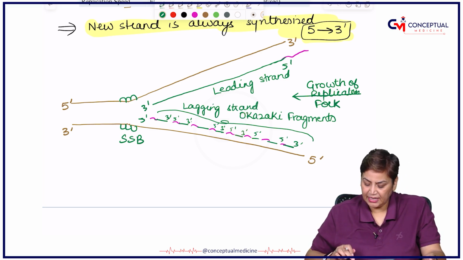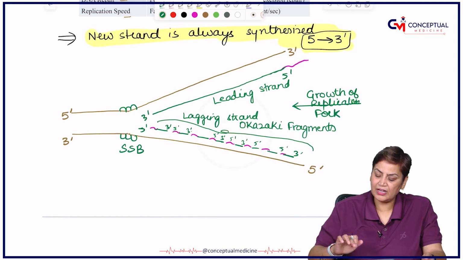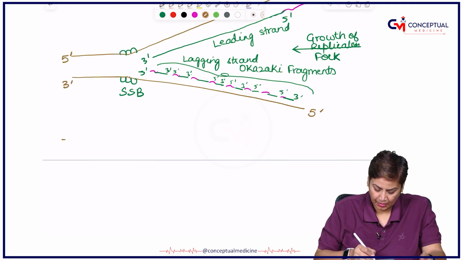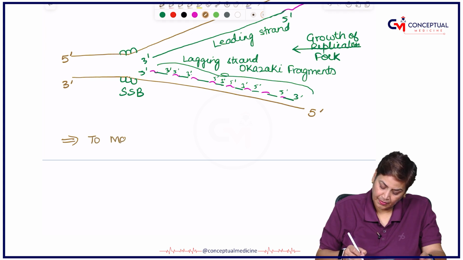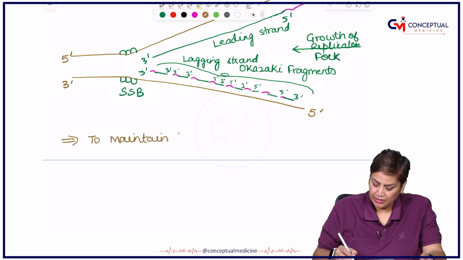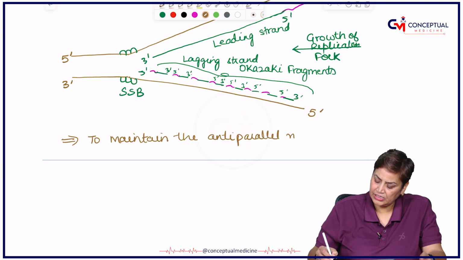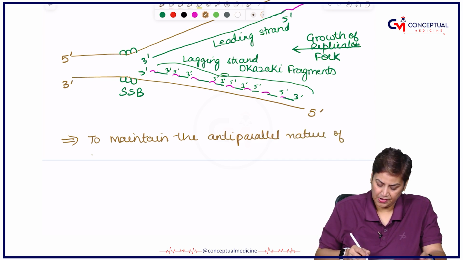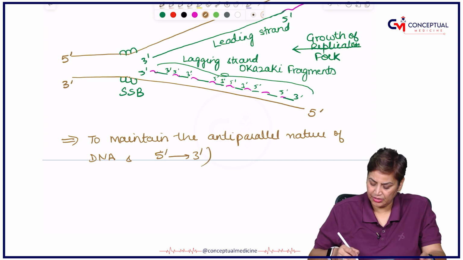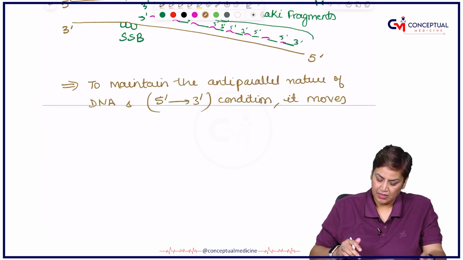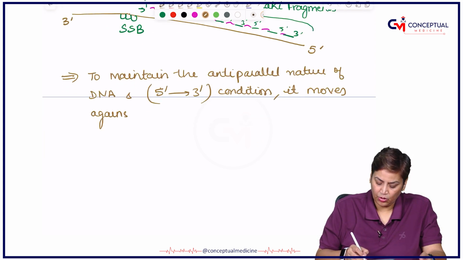right? So basically what happens is that since the new strand is always synthesized in the direction 5' to 3', to maintain the anti-parallel nature of DNA and the 5' to 3' condition, it moves against the growth of the replication fork.